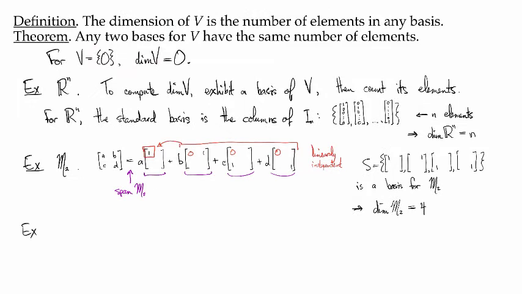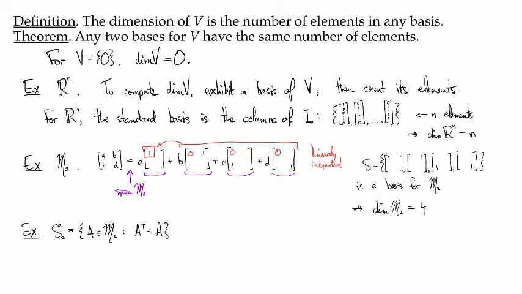What about if you didn't take all of M2 but just took the symmetric subspace, all those elements of M2 that are symmetric, or equal to their own transpose?